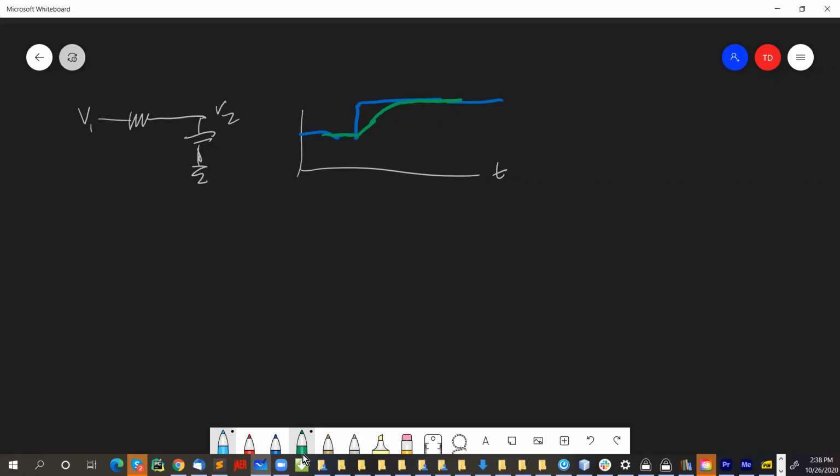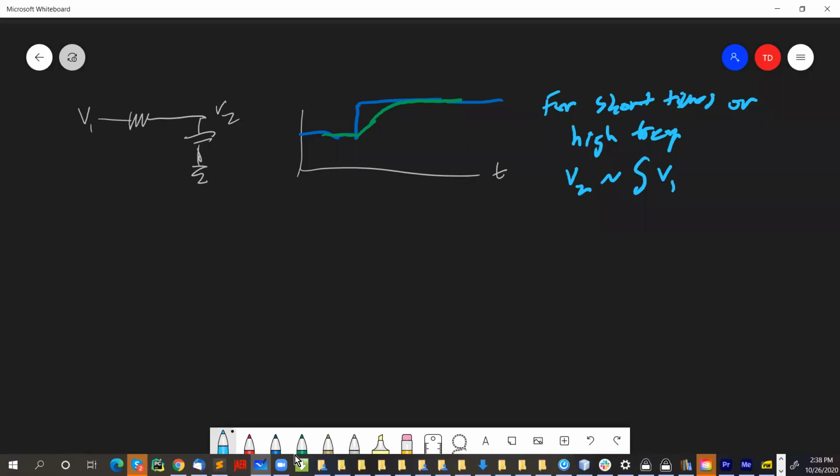But what's the integral of a step? The integral of a step is exactly a linear function of time, right? Because all of a sudden, when you step up, as time passes, you add up more and more of the signal. So for short times, or equivalently high frequency, V2 is like the integral of V1.